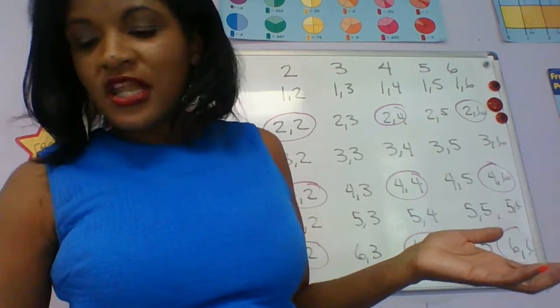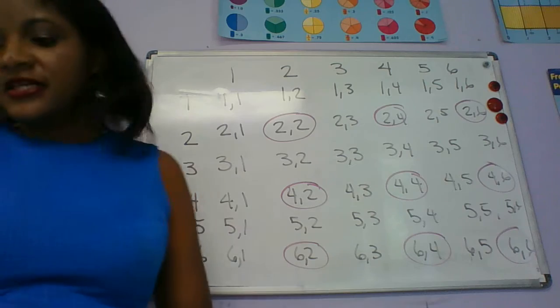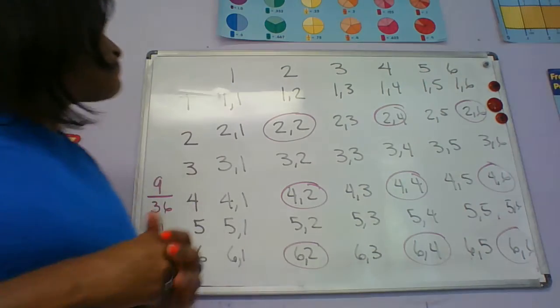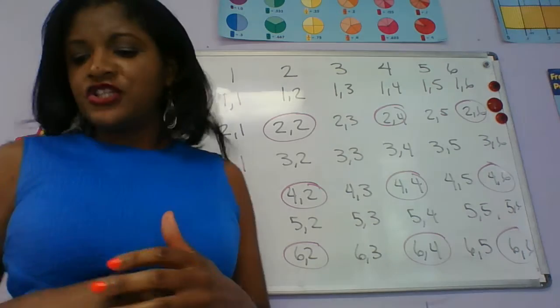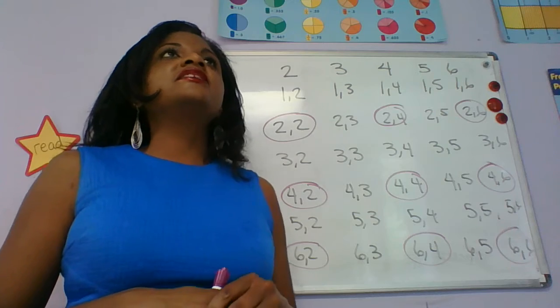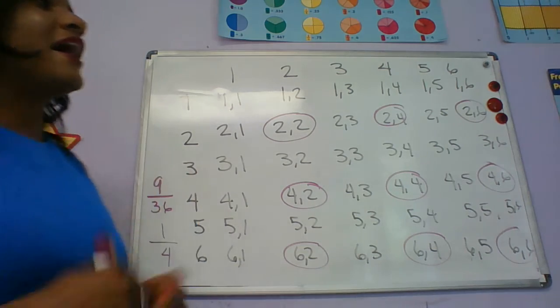And there are, of course, a lot of other interesting questions that you can answer from something like this. Sometimes they might ask you a question like, what's the probability of getting a sum that is greater than 8?